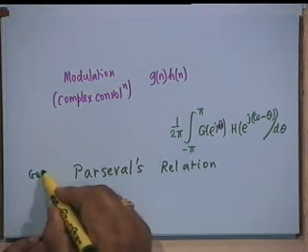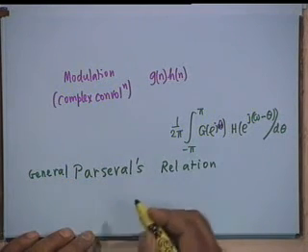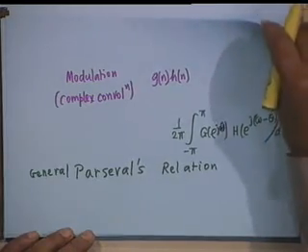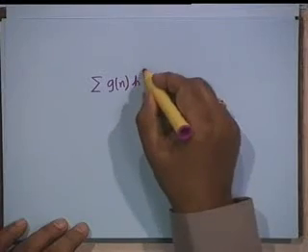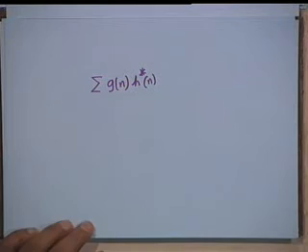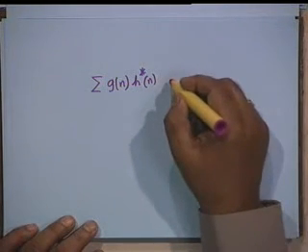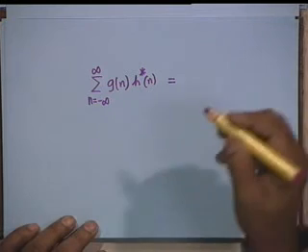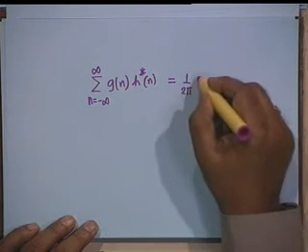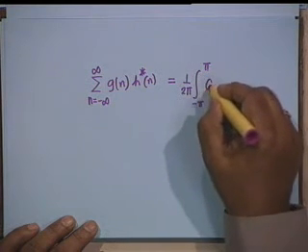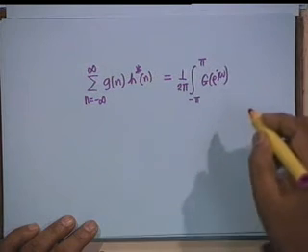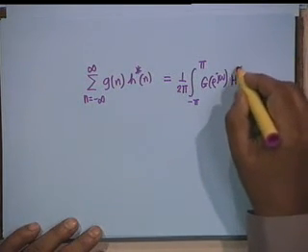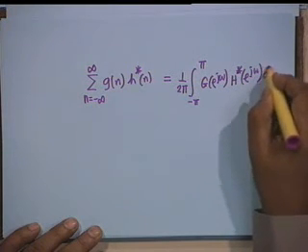We will first state the general Parseval's relation, and that states that summation g of n h star of n over all possible values of n equal to minus infinity to plus infinity, this is equal to 1 over 2 pi integral minus pi to pi capital G of e to the j omega multiplied by H star of e to the j omega d omega.